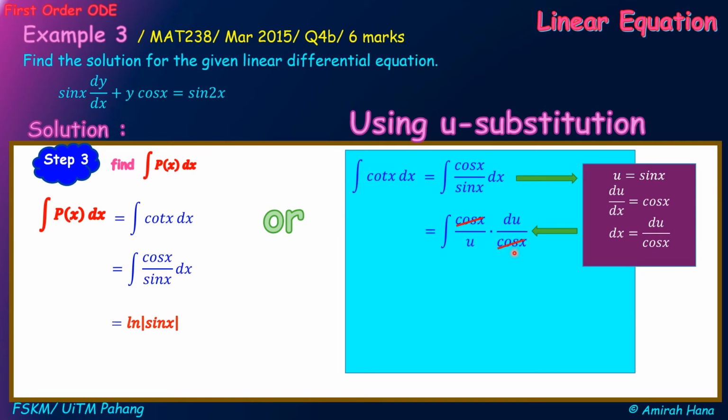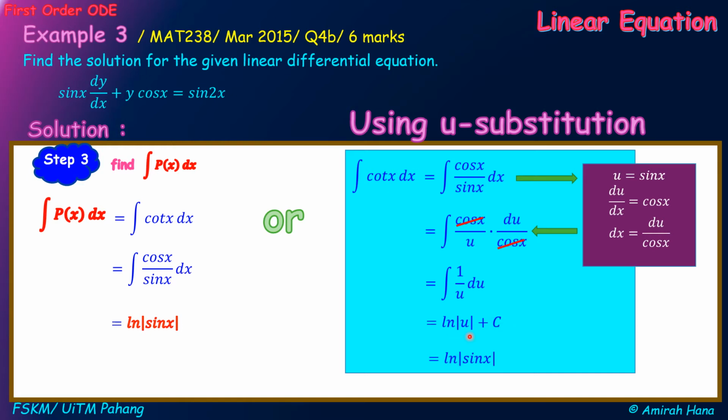If we choose the correct u, we can simplify all terms containing the variable x and rewrite in terms of u and du. After we simplify, we get the integration of 1 over u du, with no more variable x, so we can integrate with respect to u. The answer equals ln u plus c.